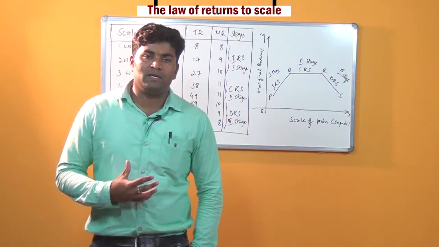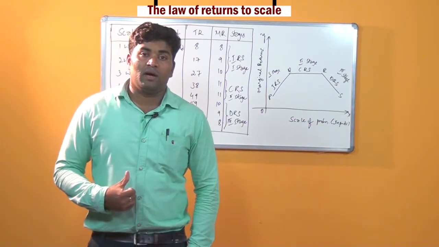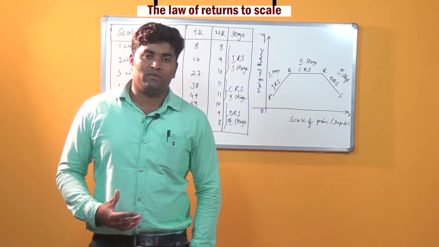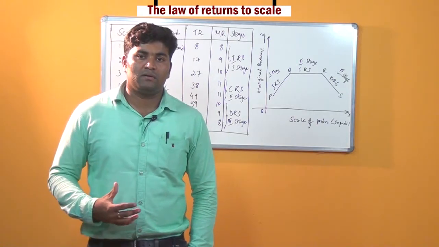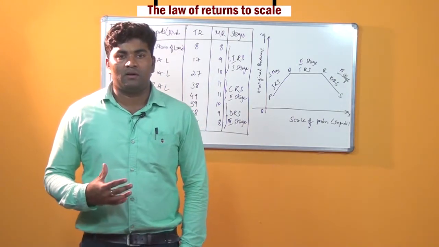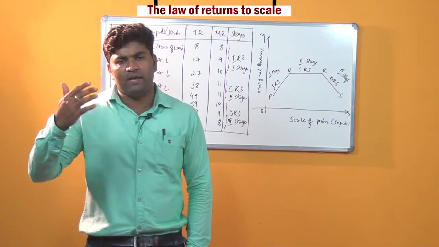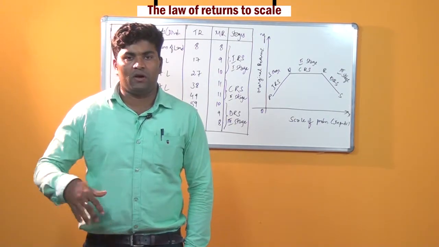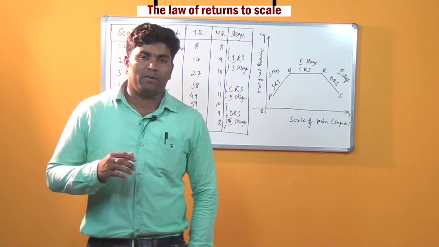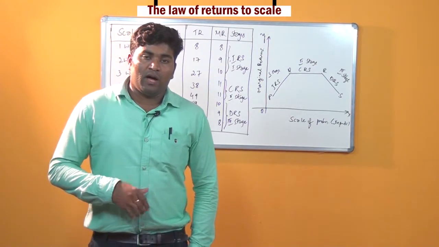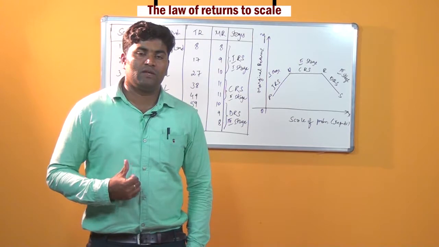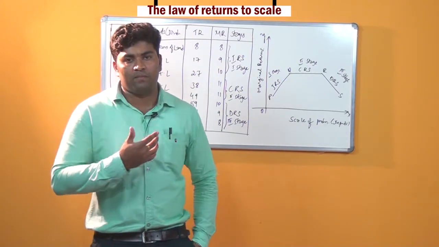Quantities of production are measured in terms of quantities, the law is applicable only for the long run, and the firm is operating under perfect competition. These are the assumptions on which the law is based. After knowing these assumptions, we shall go for the explanation of the law.